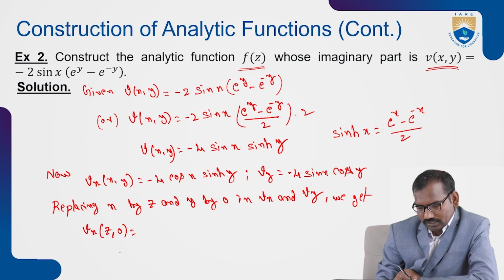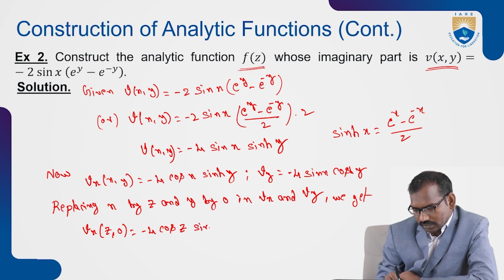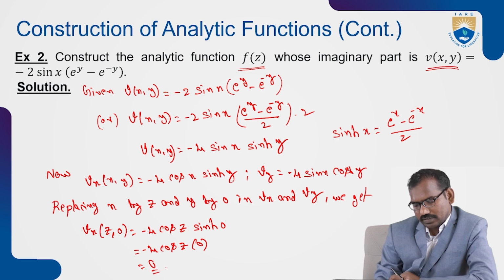So you will have minus 4 cosine z sin hyperbolic 0. So you will get minus 4 times cos z, and the sin hyperbolic 0 is 0. So you are getting v sub x is 0.